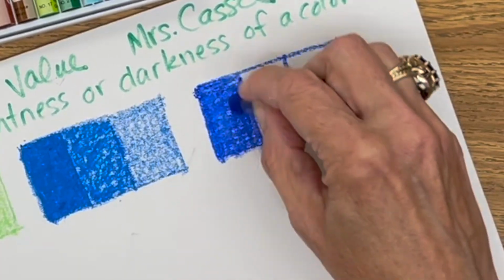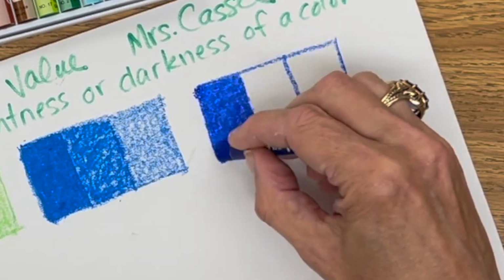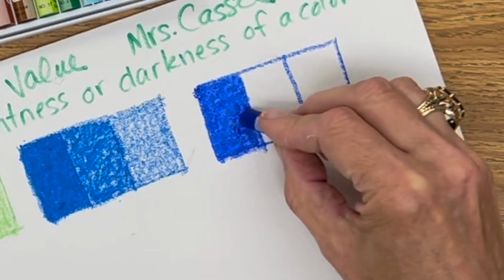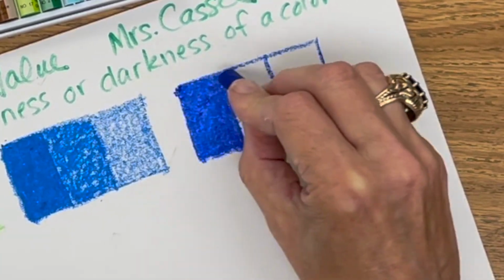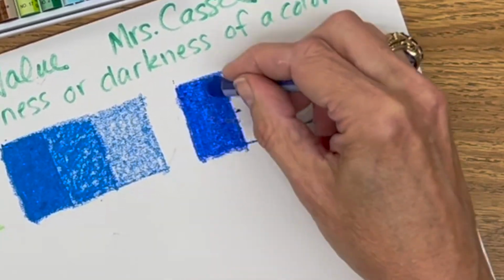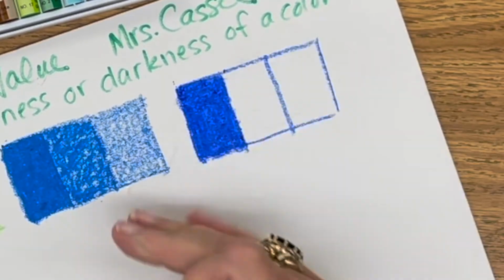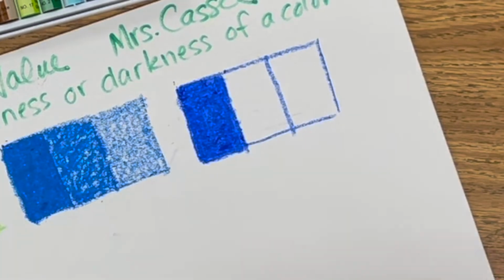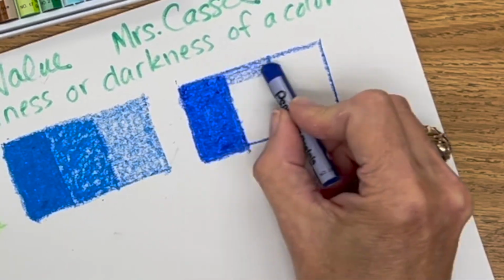Oil pastel does not erase with an eraser, so please don't use an eraser on the oil pastel. We can correct mistakes, but it's kind of a process, and let me know if you need help with that if you choose oil pastel for your final project, and we'll show you how to fix it. Okay. All right. Medium value.